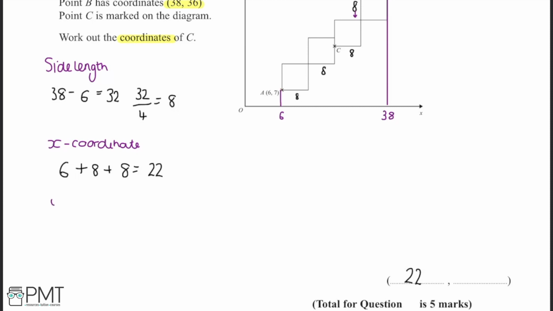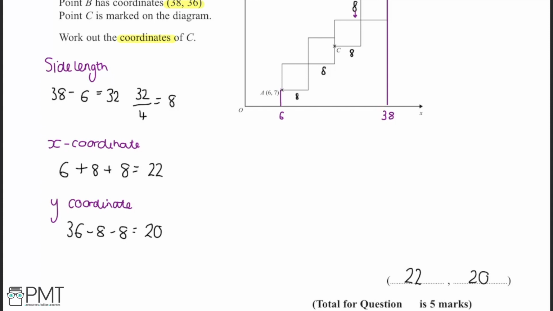So for the y-coordinate of point C, I'll take the y-coordinate of B, which is 36, subtract 8, and subtract another 8, and that's going to leave me with an answer of 20 here to put in as the y-coordinate.